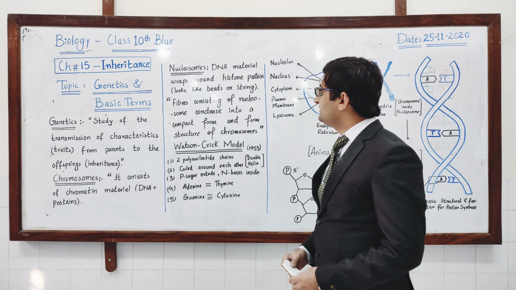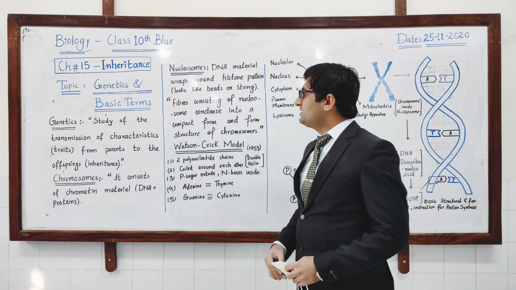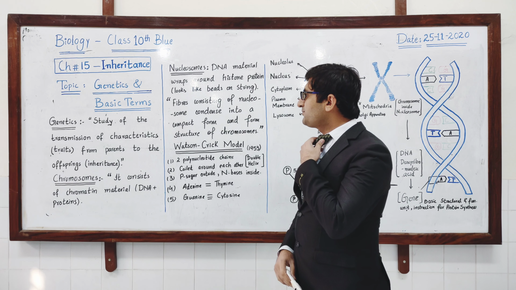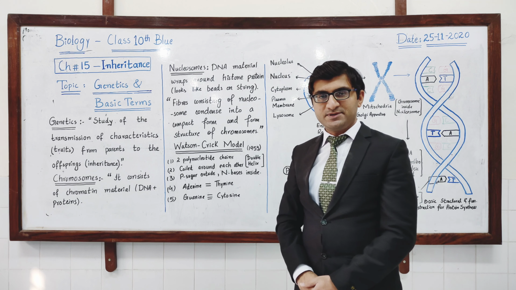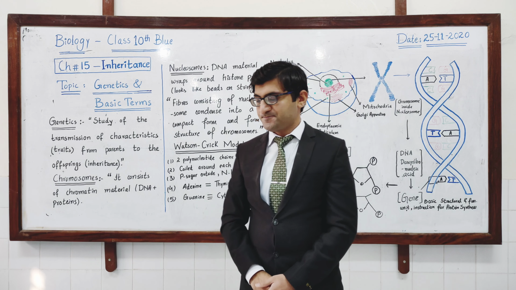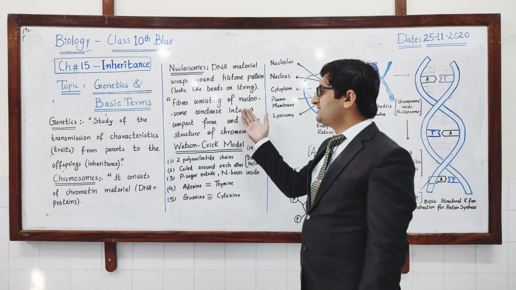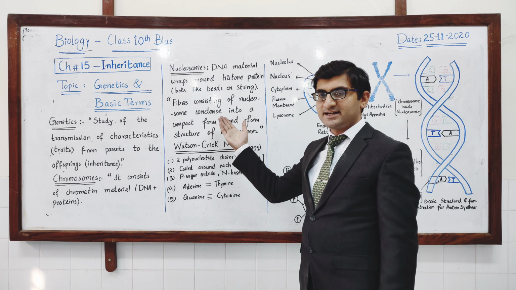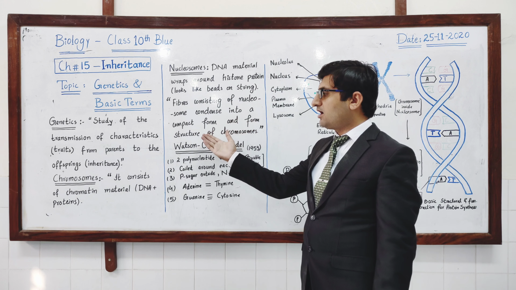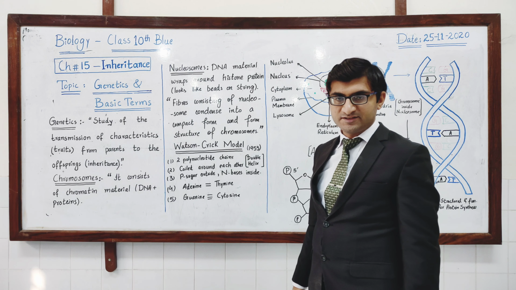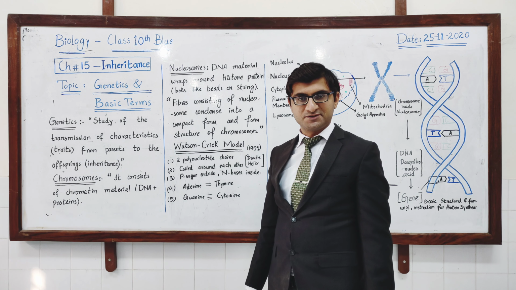Inside the nucleus, the DNA wraps around the histone proteins like beads on a string, forming nucleosomes. The fibers consisting of nucleosomes condense into a compact form and form the structure of chromosomes.